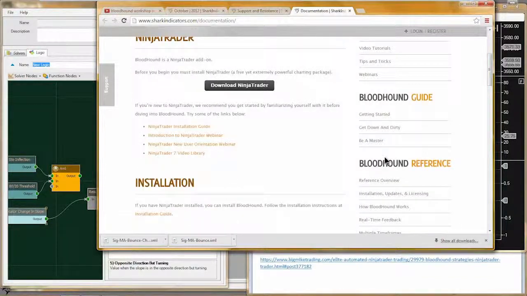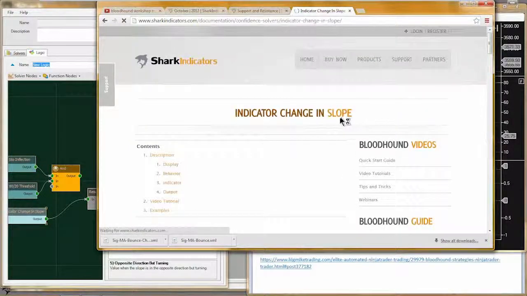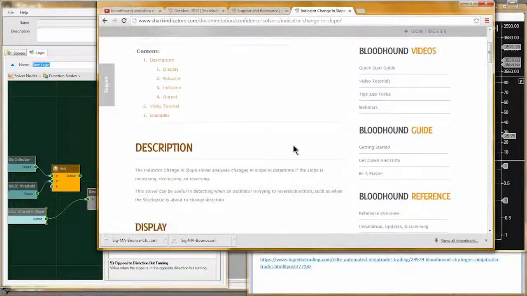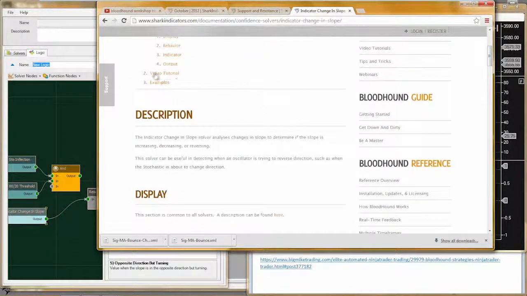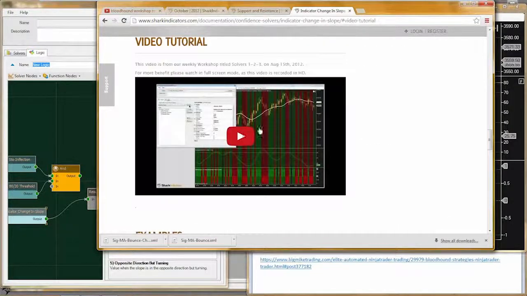I'm going to scroll down, and under references, if I go to the change in slope indicator here and click on it, you'll see there's a video tutorial up here under contents. And here's a previous workshop video that will start talking about this solver.